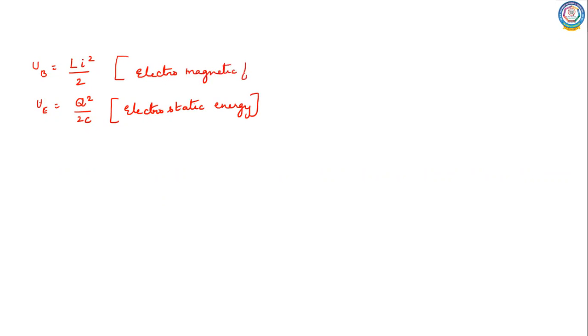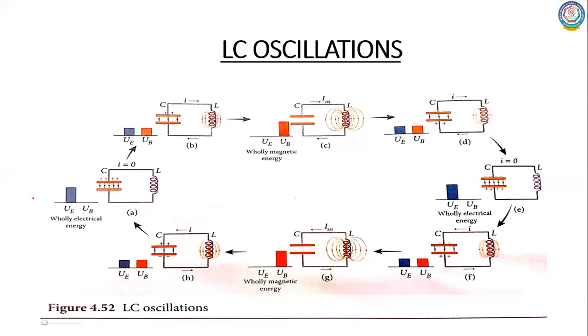Now we are going to use these formulas to study the energy conversion in LC oscillations, because we are going to have a circuit which has a capacitor and an inductor. Look at this diagram. Here is a capacitor, here is an inductor.